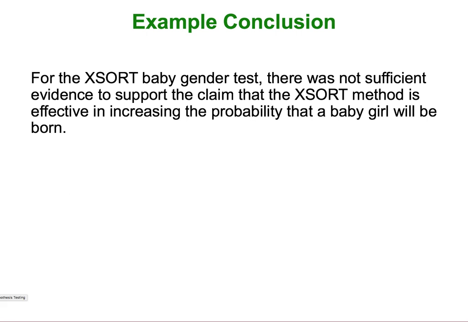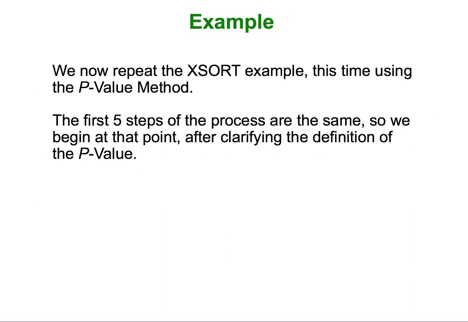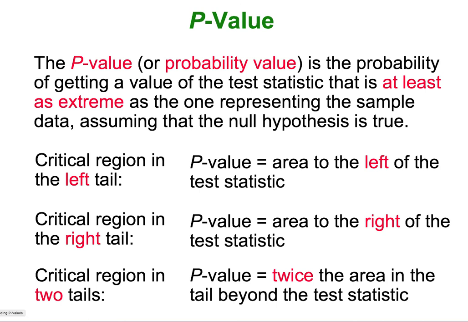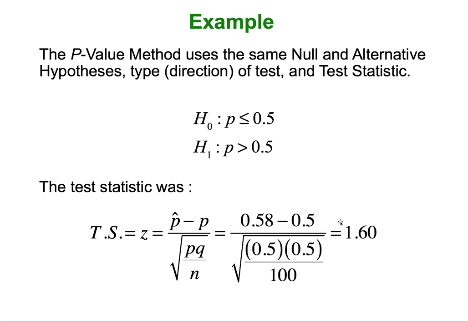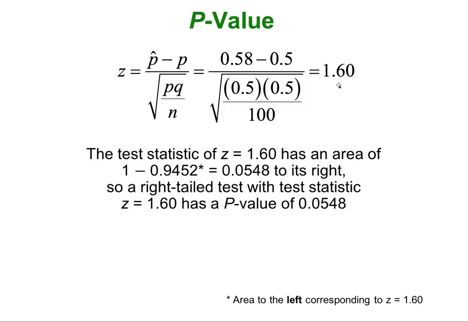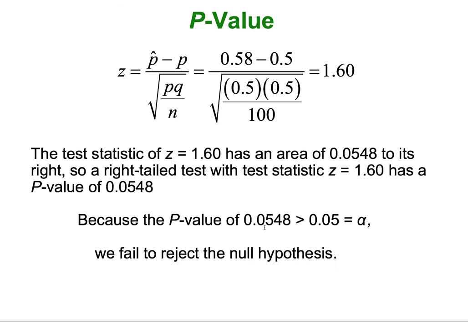Now, the p-value method is detailed in the slide, in the PowerPoint, and what it boils down to is that if your test statistic is 1.6, then the area to the right of 1.6 is 0.0548, and we compare that to the significance level, and because the significance level is less than the p-value, we fail to reject the null.